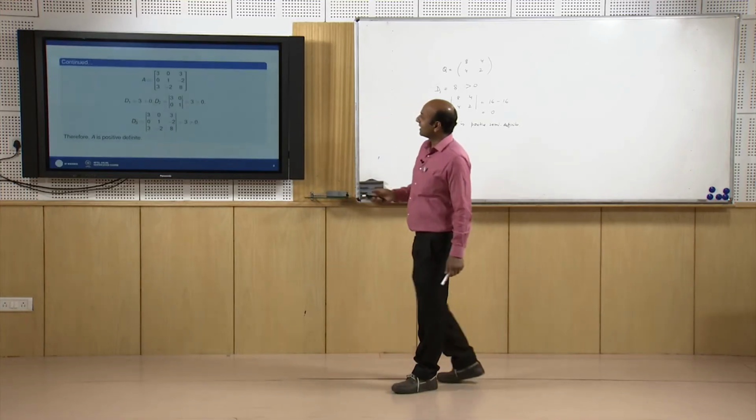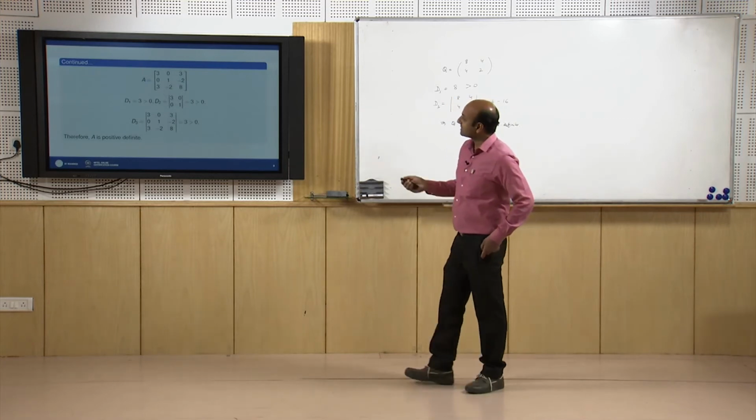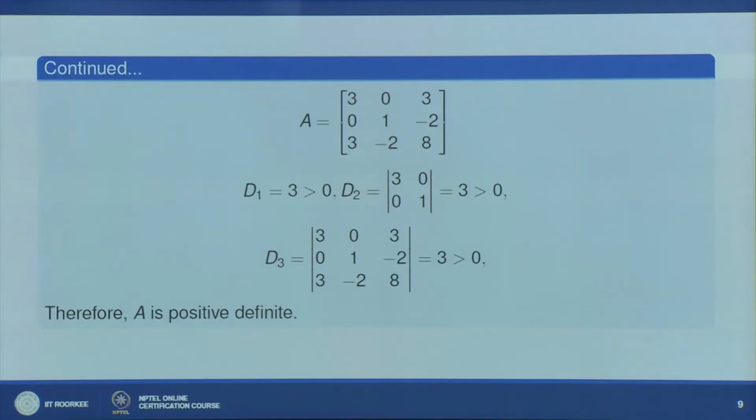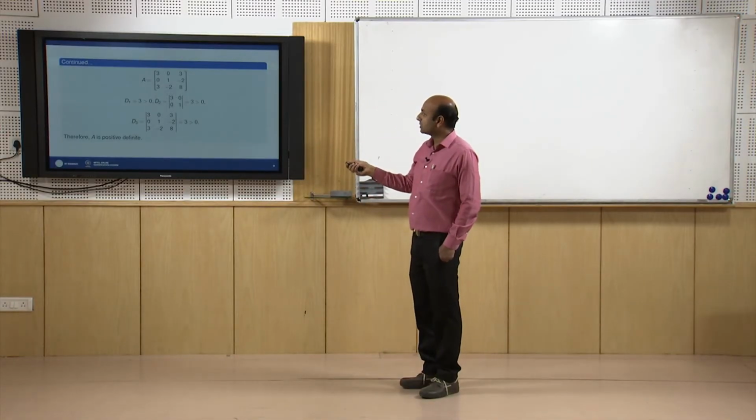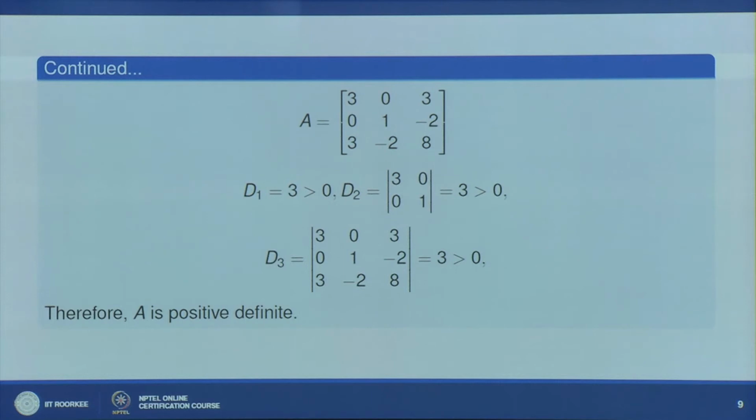Okay. Now, we take another example. Suppose we have matrix A here. You can easily see the matrix A is 3 0 3, 0 1 minus 2, 3 minus 2 8. Now, when you take D1, D1 is a leading principal minor of order 1 cross 1, which is 3, and it is strictly greater than 0.